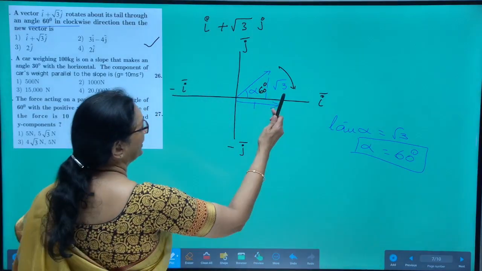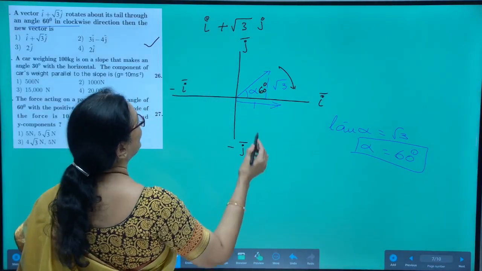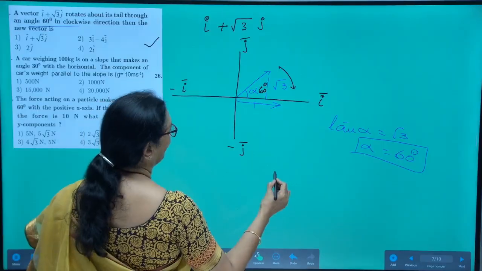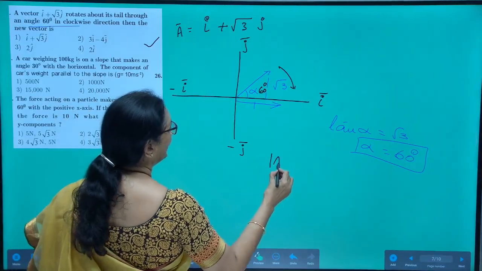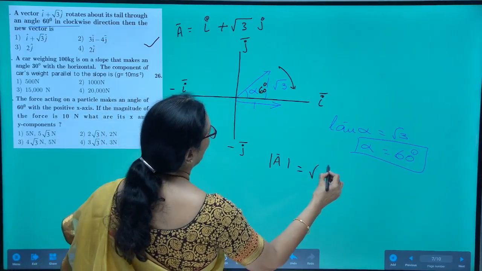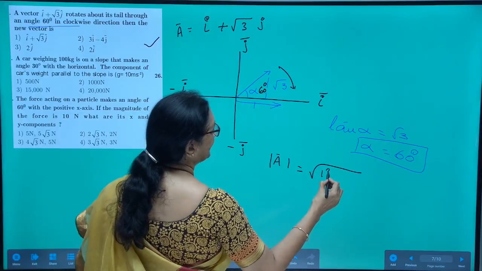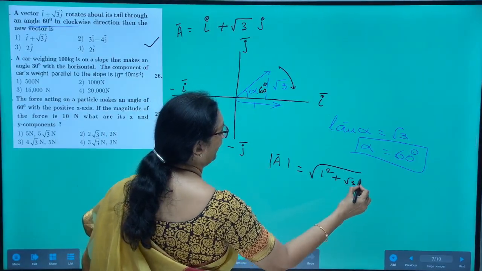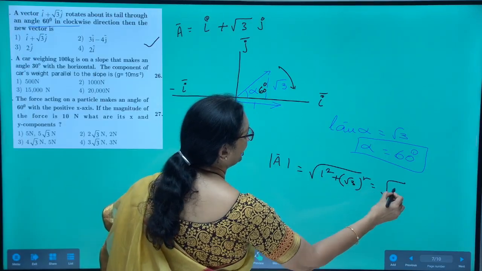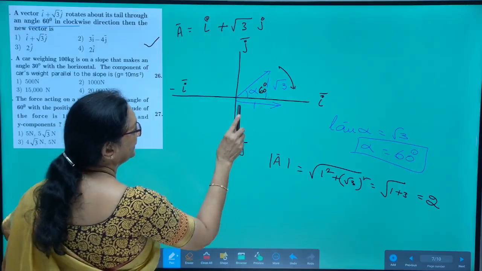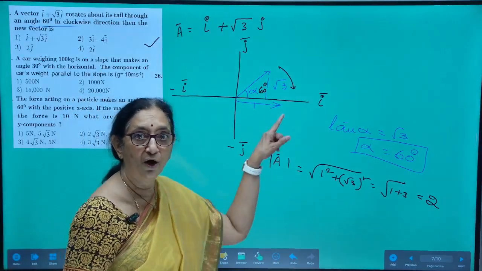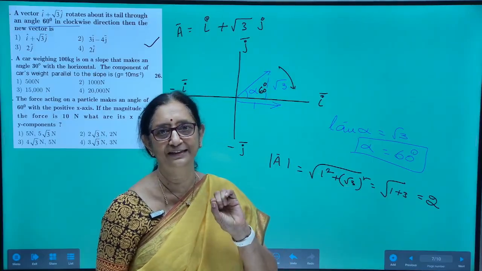So now what is this new vector? What is the original magnitude of the vector? Suppose you take this vector as a bar, original magnitude is root of ax square plus ay square. So root of 1 plus 3, that is equal to 2. Now the new vector is along the x-axis with a magnitude 2.